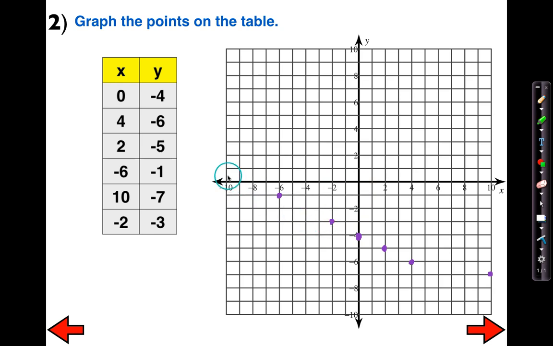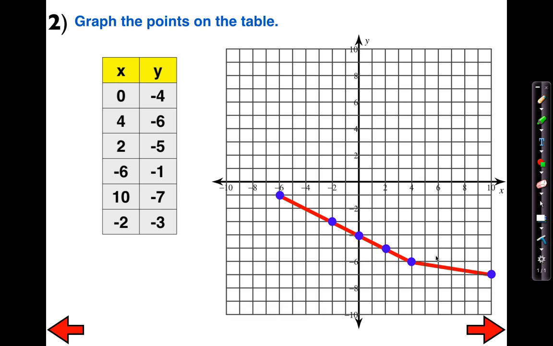So looking at this, it appears as though all of these are straight. However, the one point that's not is this point right here. So this just proves that it's not a straight line. In fact, this is what your graph would have looked like.